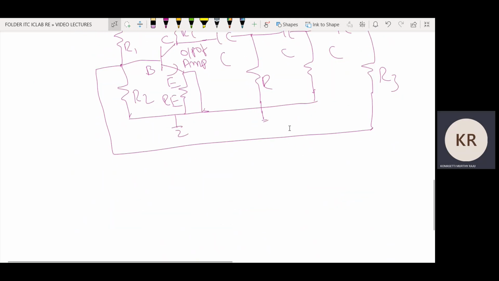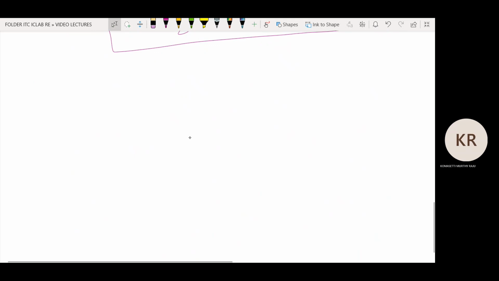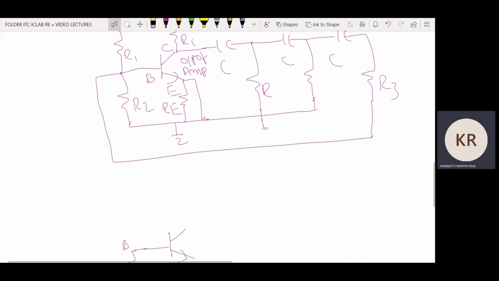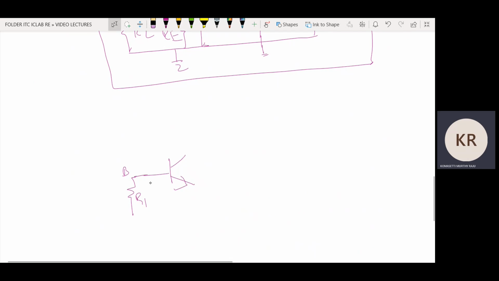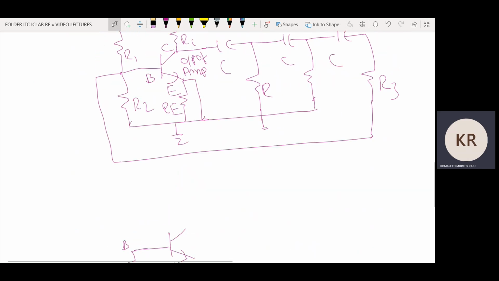Redrawing the original diagram again: here the transistor, this one is the base. R1 is connected between base and ground.